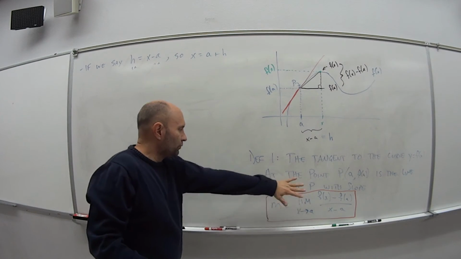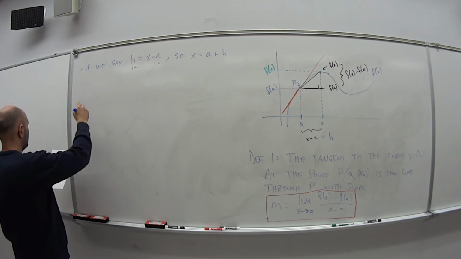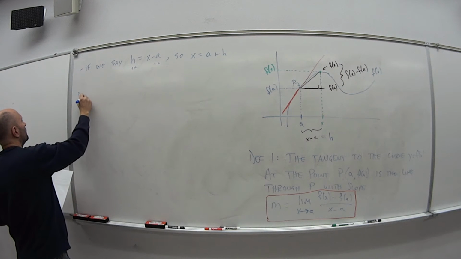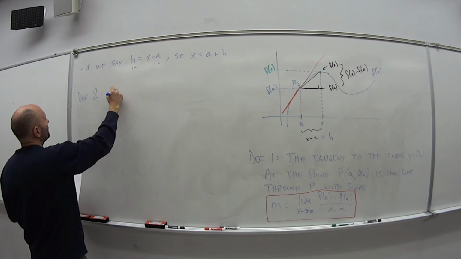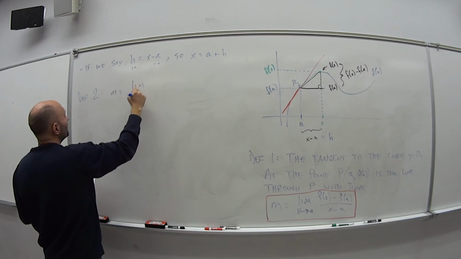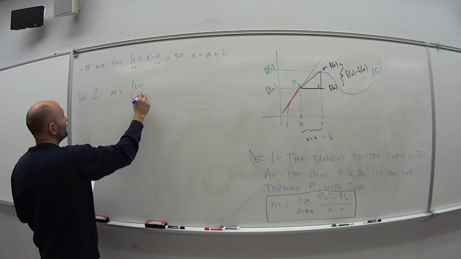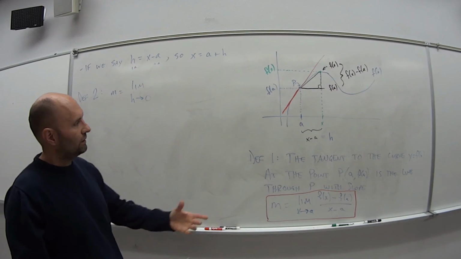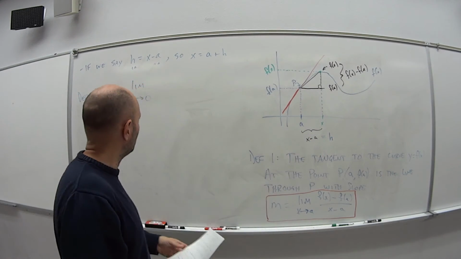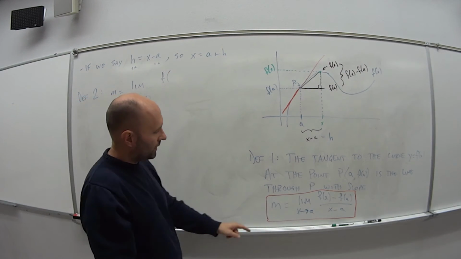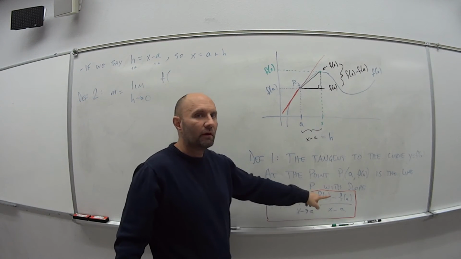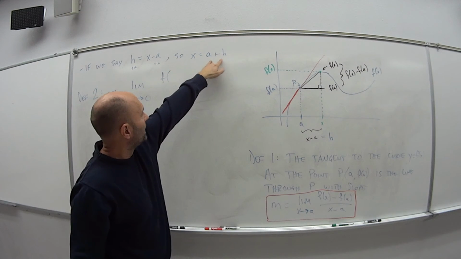So now I can rewrite definition 1 into what we're going to use much more frequently. Definition 2 says that the slope is the limit as h goes to 0. So the distance between x and a is going to 0. And f of, well what? I had f of x, but I just said that x is equal to a plus h.